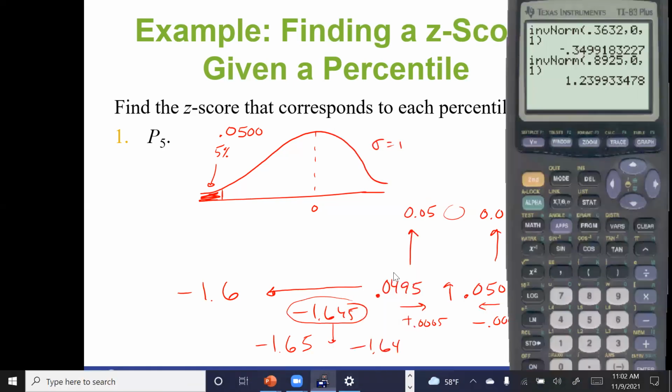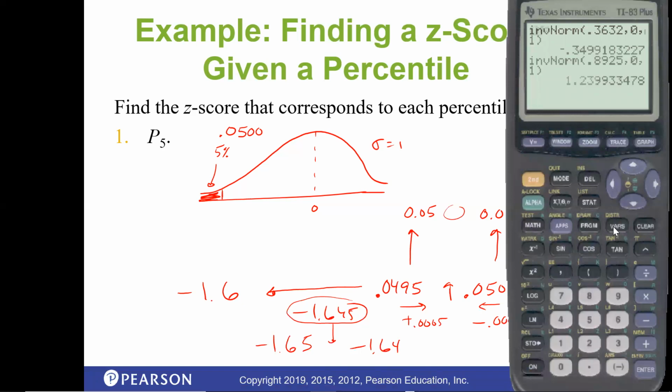Inverse operation number 3, 0.05. You can tack on the extra 2 zeros if you like. We're going to go with mu 0, standard deviation is 1. Close it, turn it.